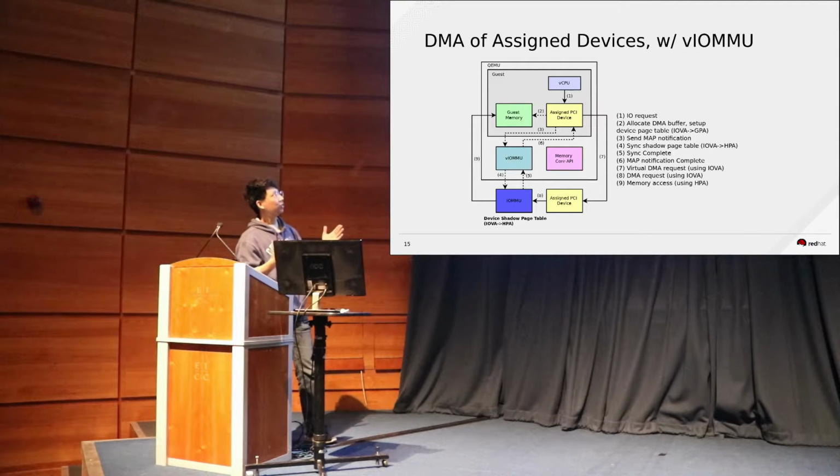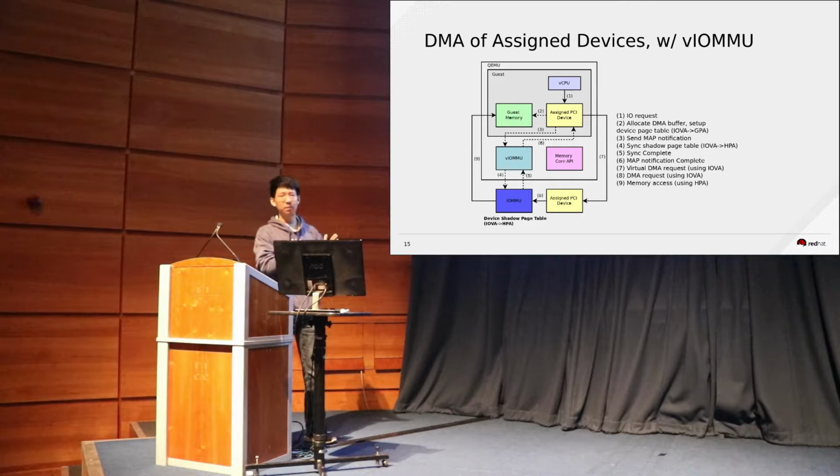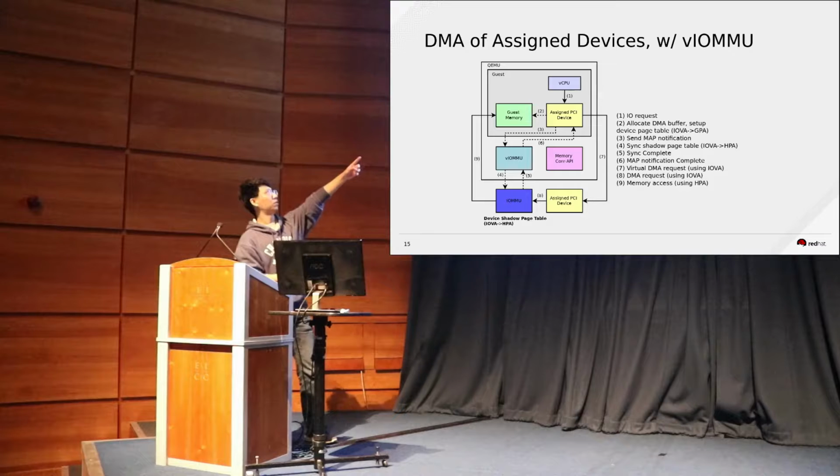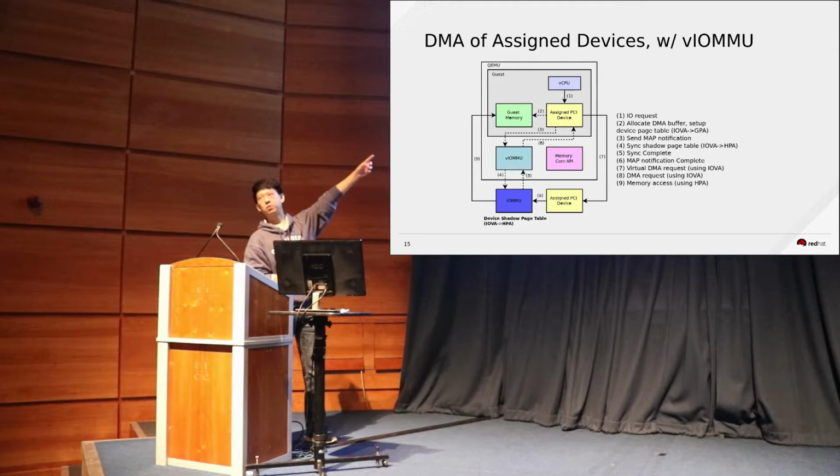And before we do the DMA, right now we need something like a PV interface, but it can be something different, for example, page protection. So it can be no PV device, no PV message at all. For now, we can assume there is a message, which is step 3. That is the special part.